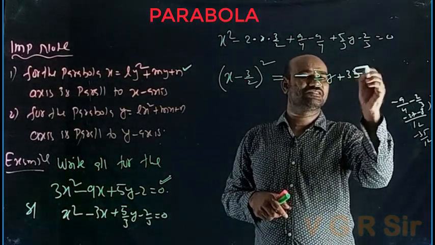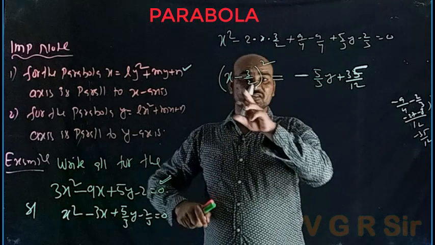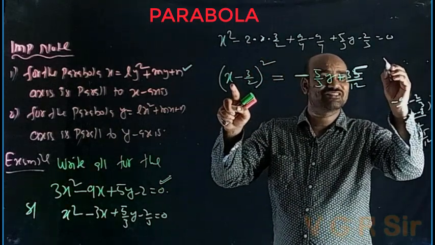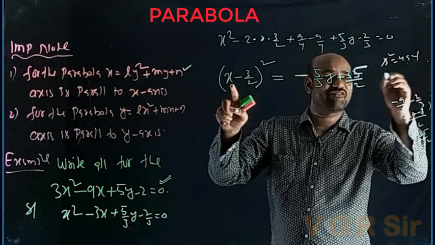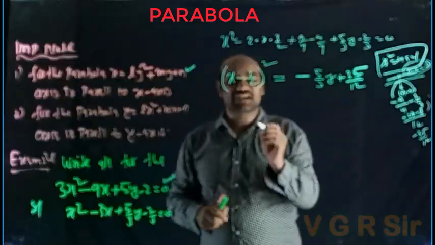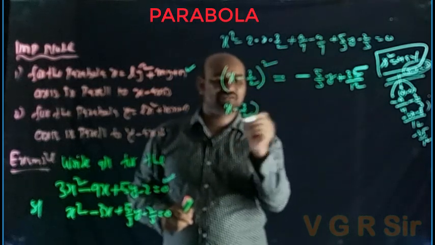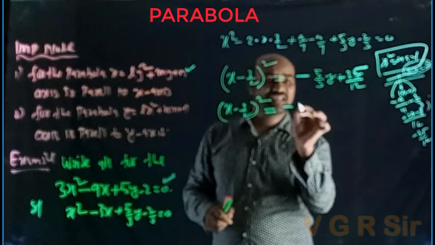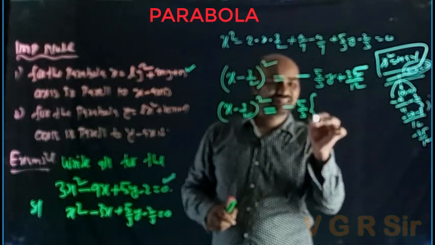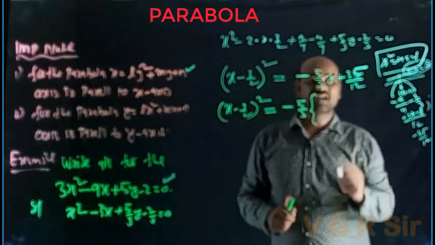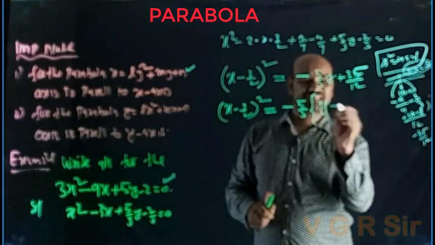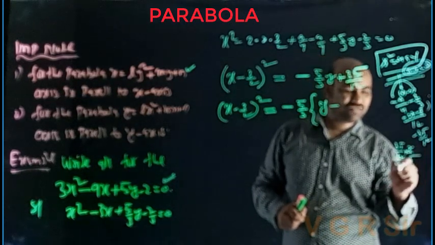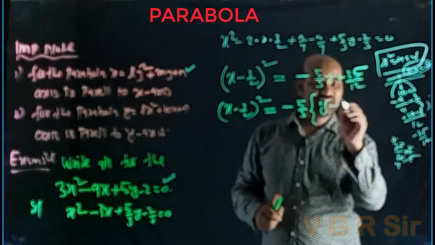So what happened? Observing this, we can say that our standard form is x square equal to 4a capital Y form. So I want to write in standard form again: x minus 3 by 2 whole square is equal to minus 5 by 3 taken common. What happened to y? y minus 35 by 12 into 3 by 5: 3 ones are 3, fours are 4, 5 ones are 5, sevens are 7, means 7 by 4.